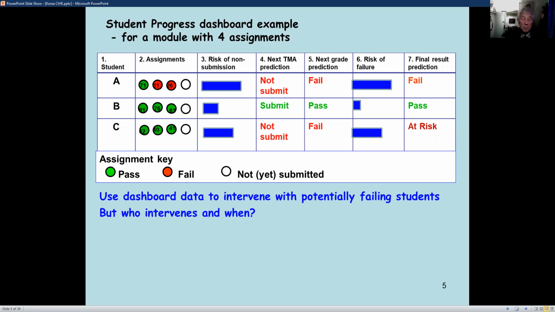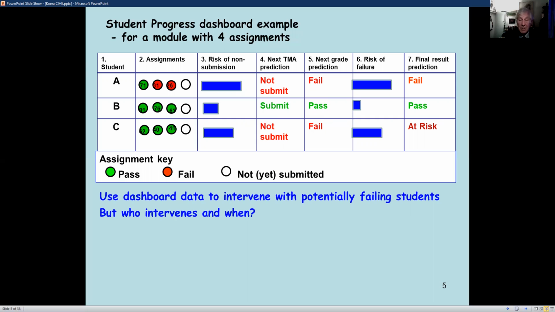Student C has passed 3 assignments, but with very low grades, so also has a high risk of not submitting their last assignment. So student C is at risk of failing overall.